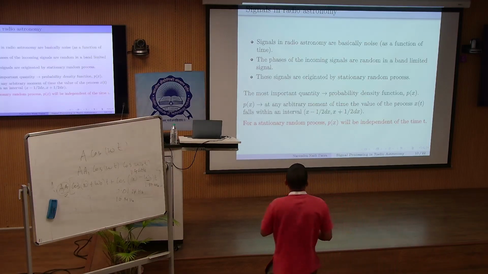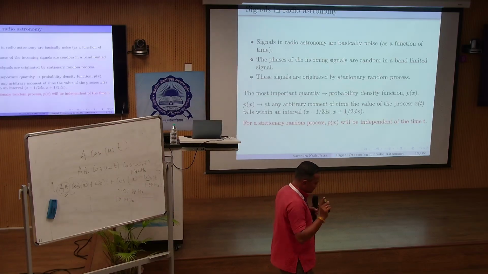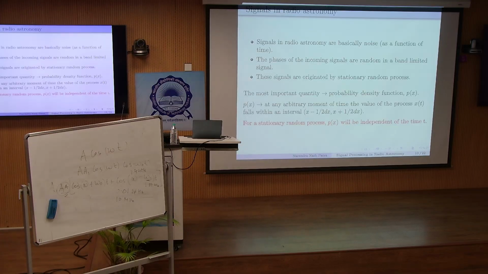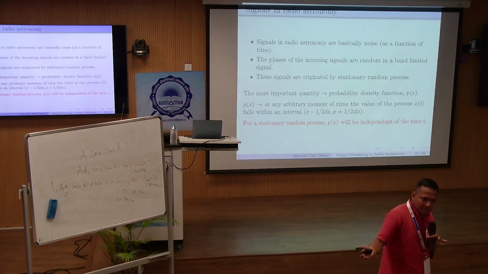So these signals originate from a stationary random process. This is one of the very important aspects I would like to explain. Stationary means it is noise-like, but the character of this noise does not change. How do we characterize noise? It should have a mean. Noise means a random Gaussian distribution.